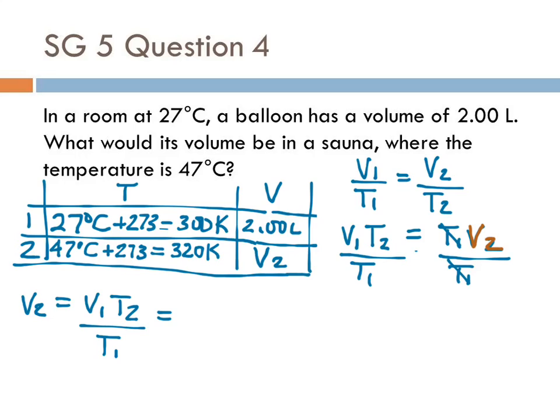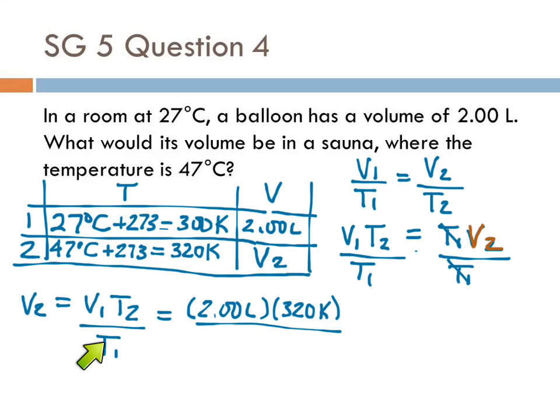So now we've got our equation, and we're going to look at the table and plug the numbers in. We see that V1 is 2.00 liters. So we'll put that in there, including the units. And then we're looking for T2. So we go up here, here's the T column. Make sure we get T2, and we're going to use the Kelvin value, 320 Kelvin.